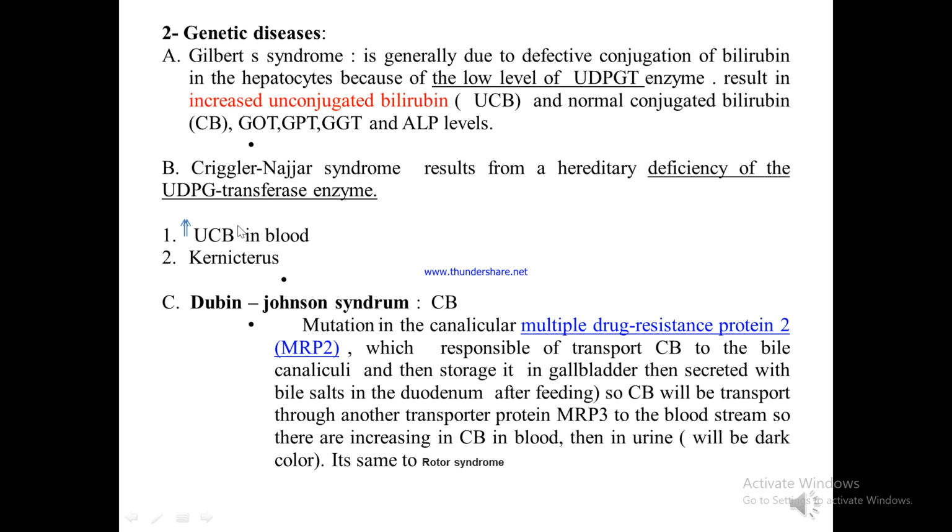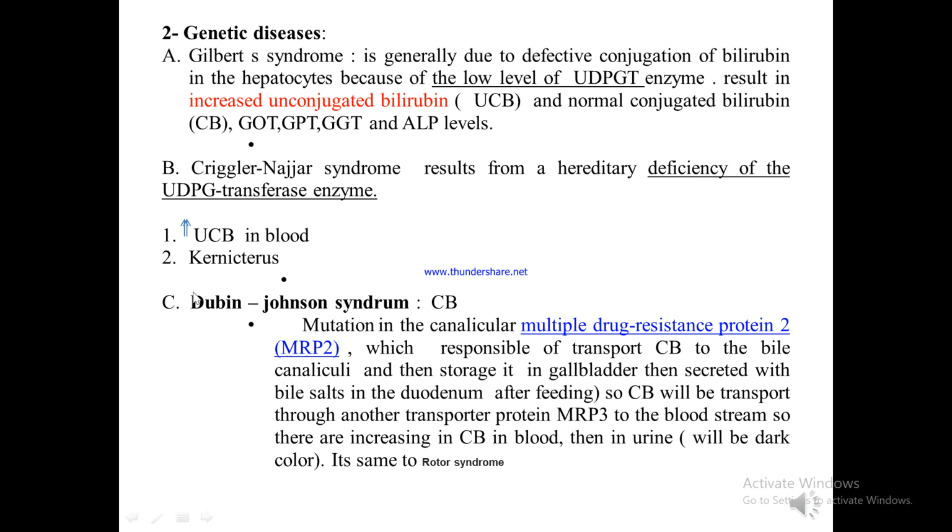So unconjugated bilirubin will be increased in significant amount, highly elevated, because there is no conversion of any amount of unconjugated bilirubin to conjugated bilirubin, and in this case it is associated with kernicterus. The elevation of unconjugated bilirubin is more significant as compared to Gilbert syndrome, because Gilbert syndrome synthesizes this enzyme at a low level, but in Crigler-Najjar syndrome there is deficiency, no synthesis.